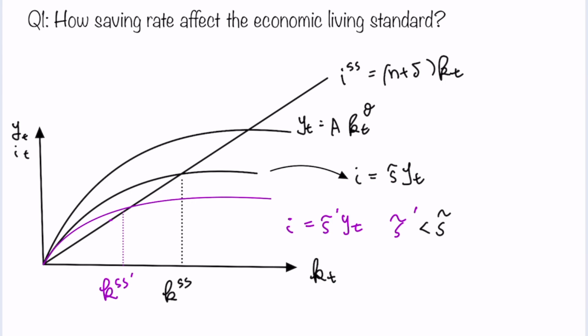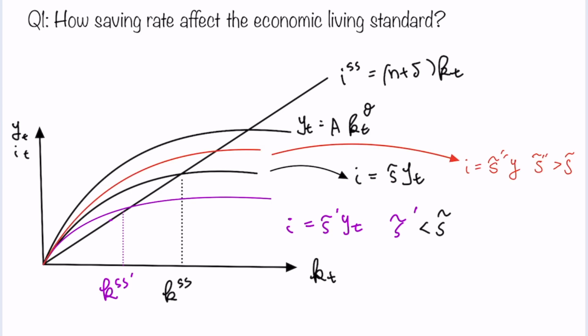So if the economy turns out to have a saving rate that is lower than the original one, we can draw a new equilibrium condition, which is in purple. It tells us the investment equals the new saving, with the new saving rate s-prime less than the original saving rate s-tilde. Then we find that here we have a new capital stock level which is lower than the original one, and here the implied output is at this level.